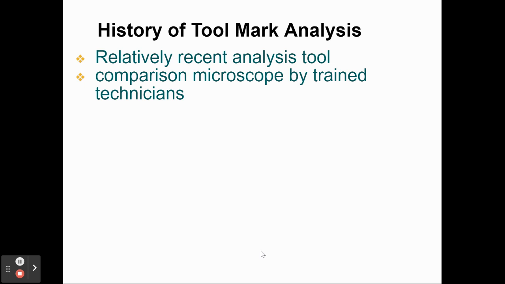Much of the tool mark analysis that takes place today falls into the same type of category as what we saw with regard to fingerprinting, and that's using comparison microscopes. You've got individuals trained to discern differences between two very similar materials or two very similar impressions or images, whatever the case might be.